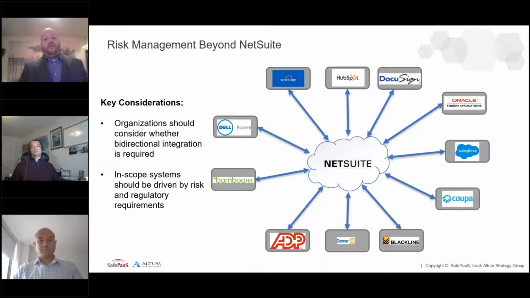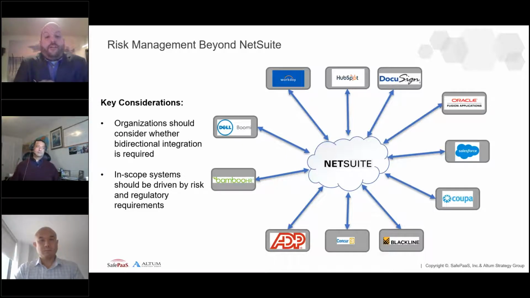And of course, as we've discussed, those in-scope systems really are going to be driven by the regulatory requirements and business need, specifically whether or not you're public, private, or managed by or involved with venture capitalists. So one of the key things to remember about NetSuite is the robust API.